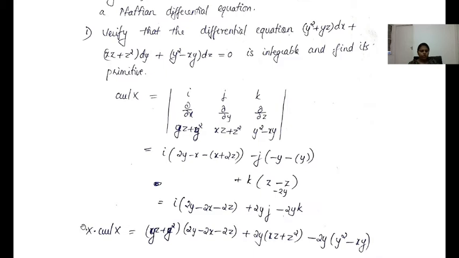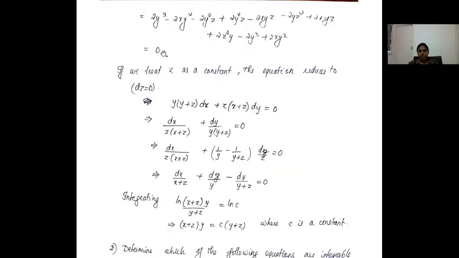Now find out X dot curl X. So X is the vector (y square plus yz, xz plus z square, y square minus xy). Taking the dot product, you will get the value as 0. So therefore the equation is integrable.